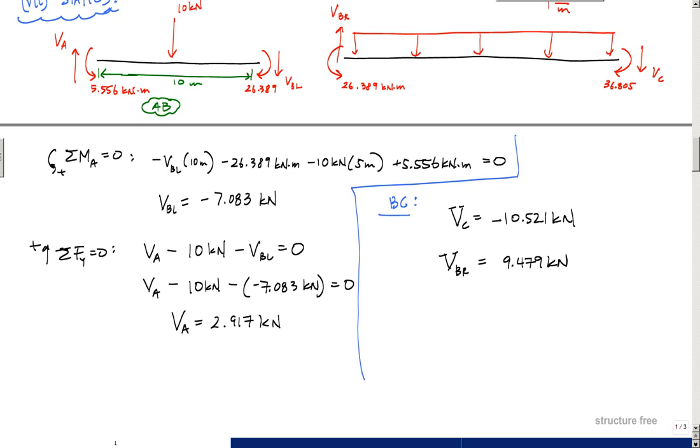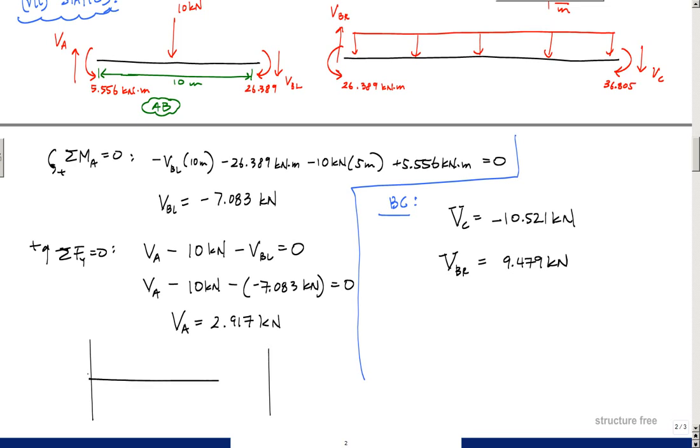So here, use a straight edge, and this would be like this, and right here, and I would have this right here. And what it means, if I have this, this would be my shear diagram in kilonewtons.